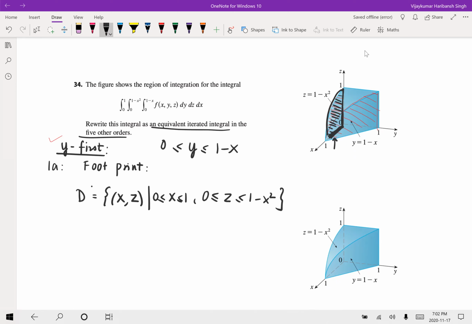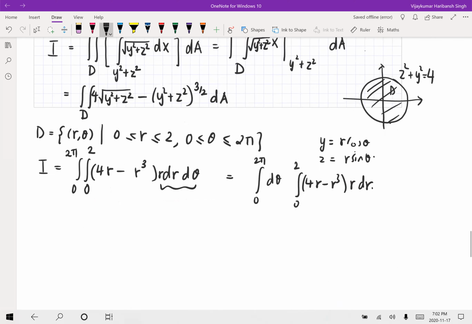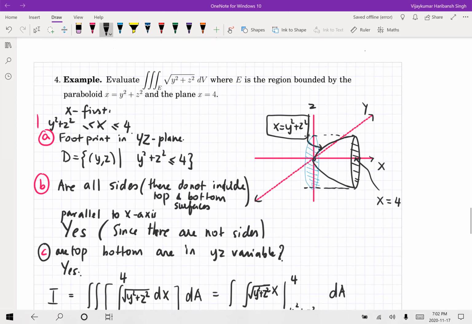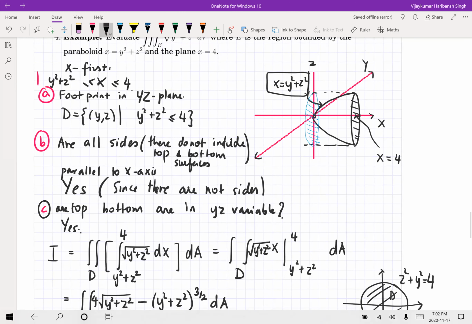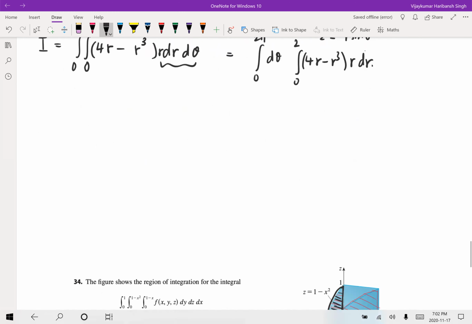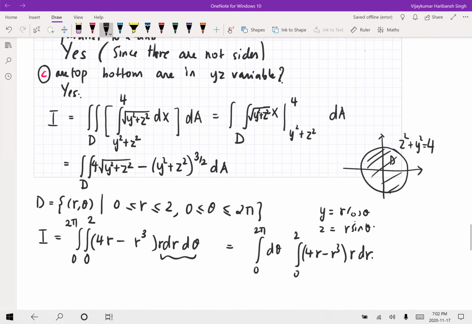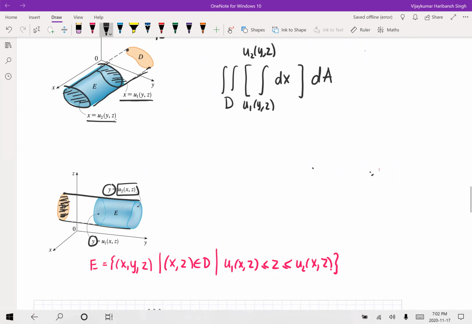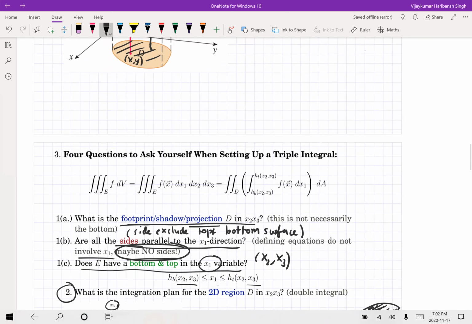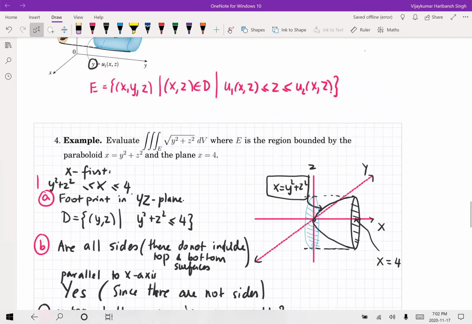And we have 1b. So what is the bottom and top? Top, we have already written that here, but it's a good idea to follow this 4-point program. So this is 1b, actually it's 1c, so let's write that down.